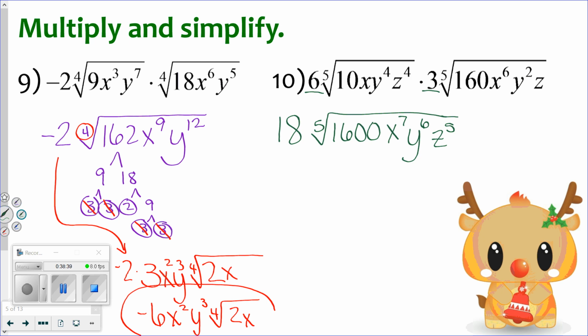Do you have your little 5 for your index? Don't lose them. 5th root of 1600? Is it pretty? Oh, okay. So not pretty, so we have to do our factor tree. Doesn't matter which way you go. You'll end up in the same spot.